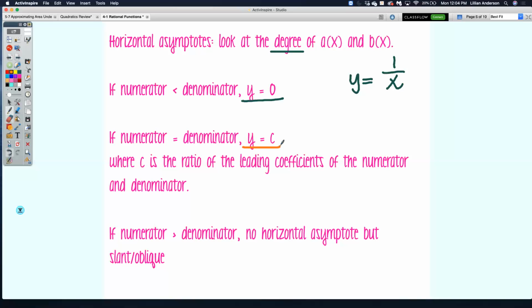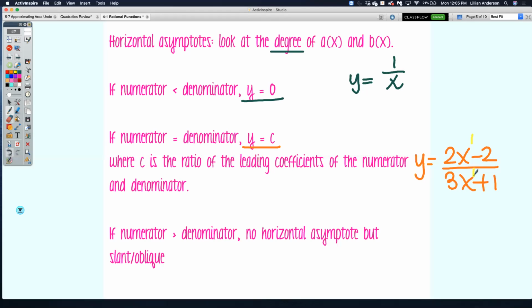More terminology: leading coefficient. What is that? It's the coefficient of the variable with the highest degree. So if you have a rational function like 2x minus 2 over 3x plus 1, here the degrees are equal. You have a degree of 1 for the top and a degree of 1 for the bottom.